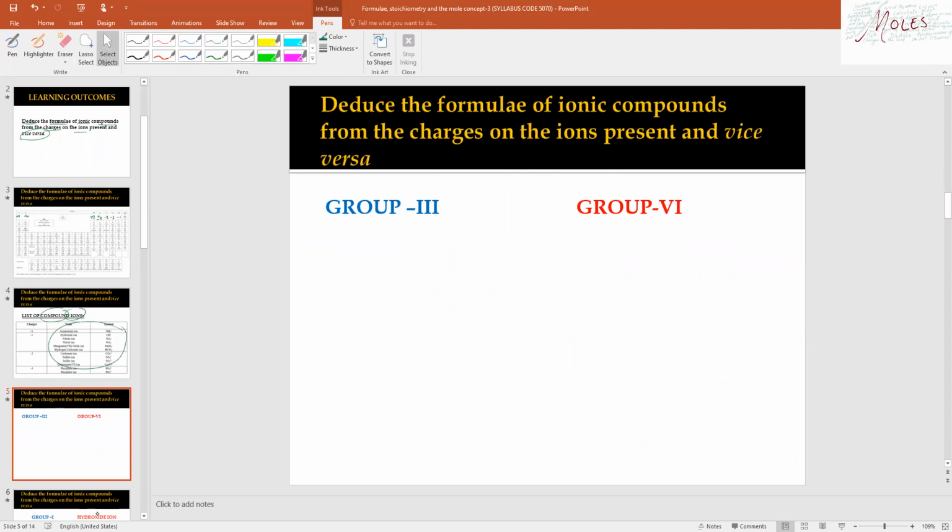Now, let's work out the formula. First, I will work out the formula between group 3 and group 6. Let's do it between aluminium and oxygen. Al is the symbol for aluminium, O for oxygen. These are the valencies.